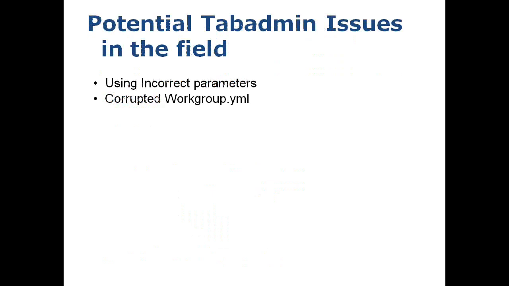Okay. So a couple of issues I have just highlighted here. So sometimes what happens is if your file got corrupted, or if you are using some incorrect parameters, then it will give you some errors. Otherwise tabadmin works really well.